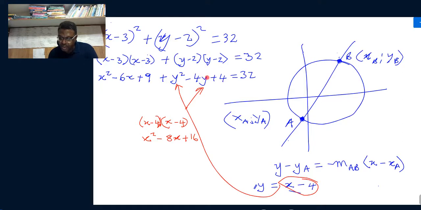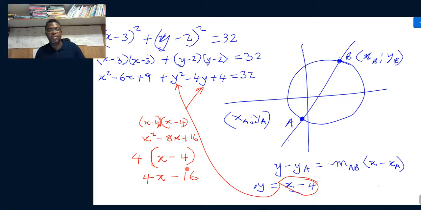And then you will also have here 4 into x minus 4, which is going to be 4x minus 16. Then you group the like terms.